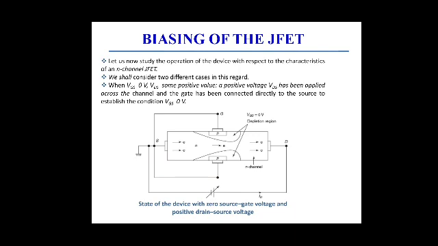So let us see the working of this JFET. Before we see the working, one important thing you should know is the depletion region. I explained in the previous class how this depletion region is formed. It is formed when you construct a diode or a BJT.